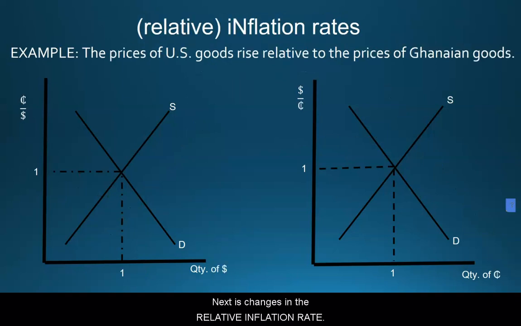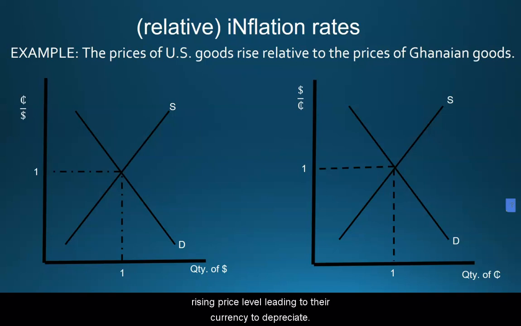Next is changes in the relative inflation rate. A change in the relative inflation rates between two nations changes their relative price levels and alters the exchange rate between their currencies. The currency with the highest inflation rate has the fastest rising price level, leading to that currency depreciating.